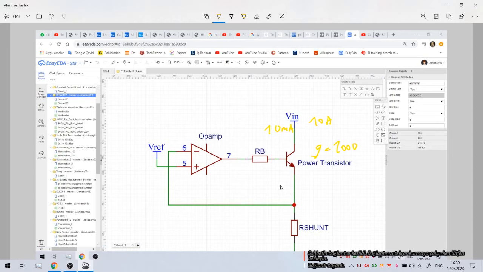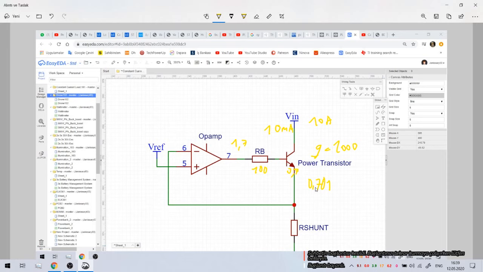But if I use a 100 ohm resistor here, after 0.7 volt current will start to increase, and if we assume this is 0.7 volt, so if I go to 1.7 volt, this current will be 10 milliamp. But if we don't use resistors, for 10 milliamp this will be only 0.701 maybe. It is a very small variation.